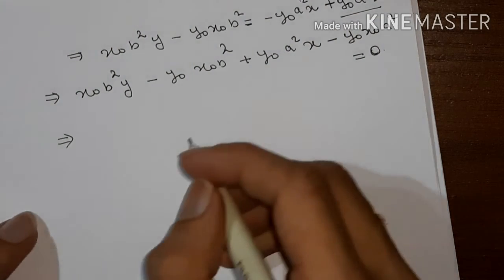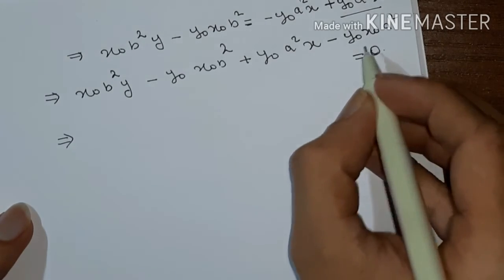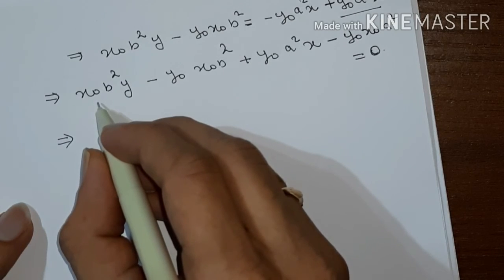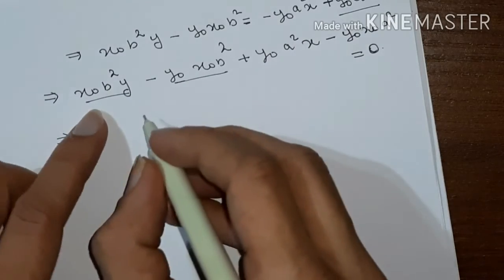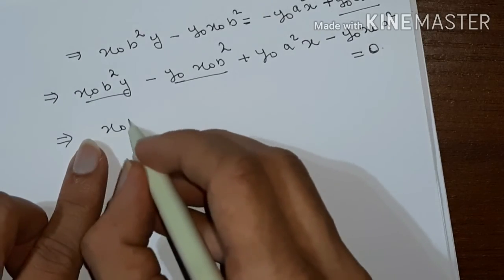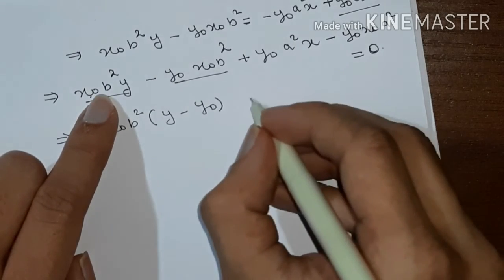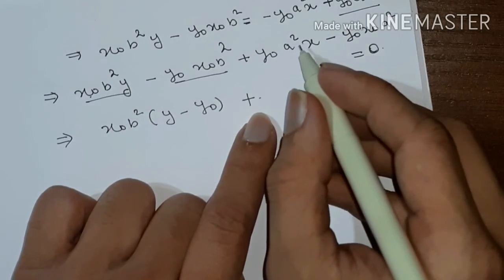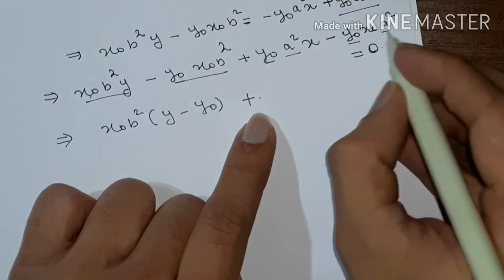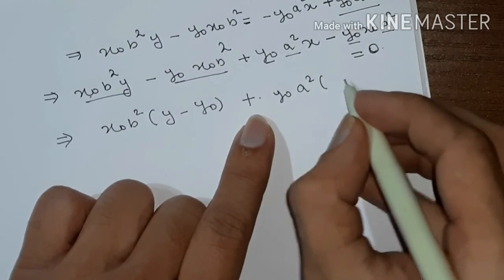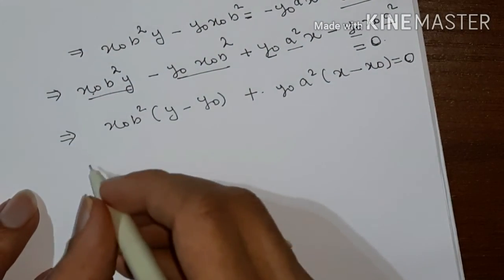So that means if we take common, that is x₀b² here, x₀b² multiplied by (y − y₀), plus here we can take y₀a² common, so y₀a² multiplied by (x − x₀) equal to 0, right?